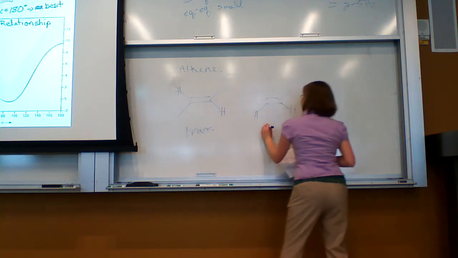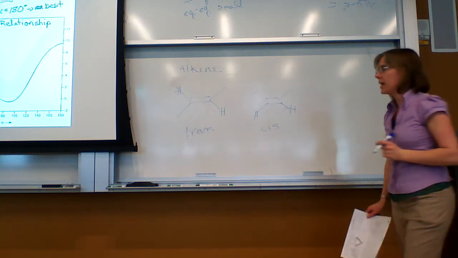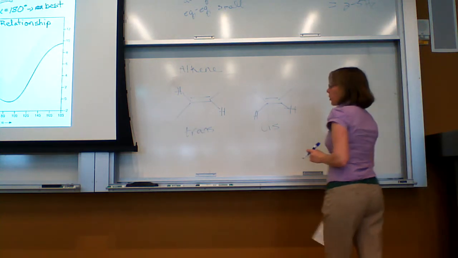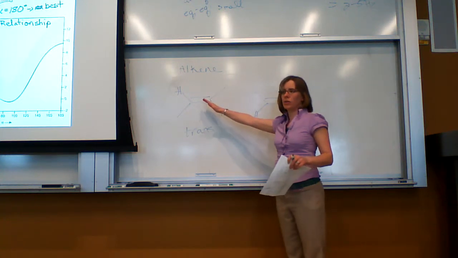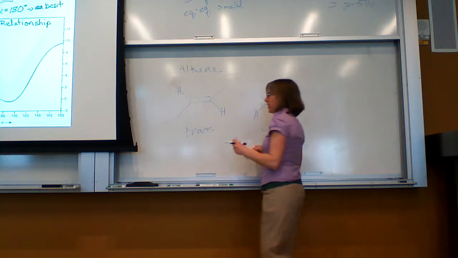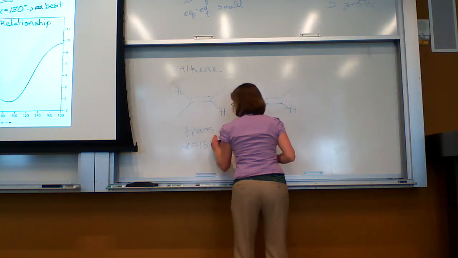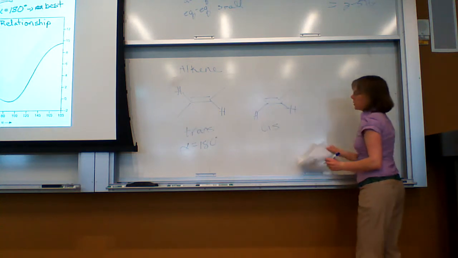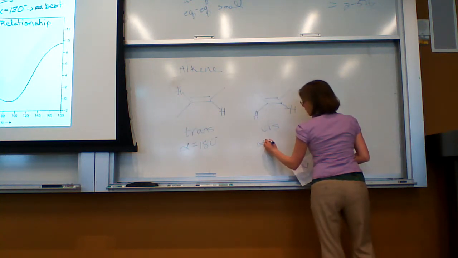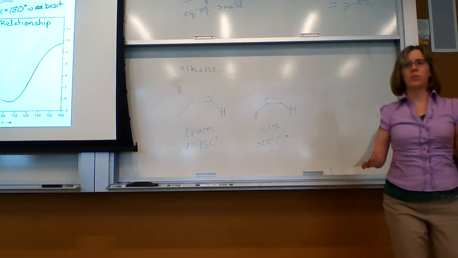Trans, cis, and the 2 hydrogens are on the same side. In the trans, the overlap is going to be 180. They're on opposite sides of the alkene. So our alpha equals 180. And for our cis, alpha is equal to 0.